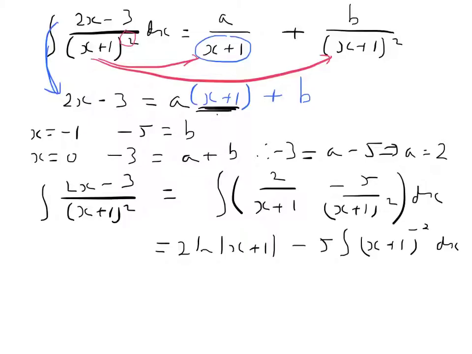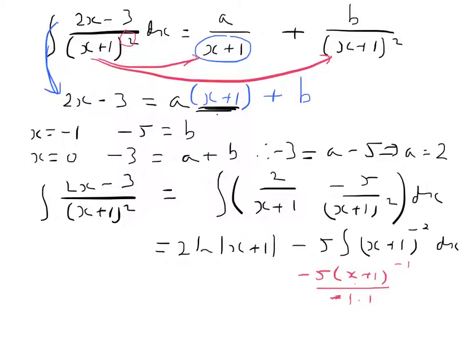And so if we add 1 to the power, that becomes -1. And you divide by the power, it's -1. You divide by the derivative of the inside function, which is 1.